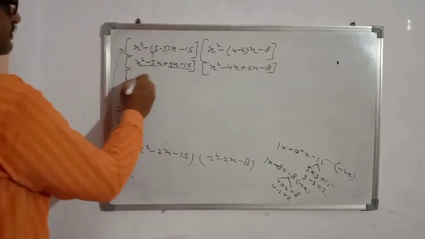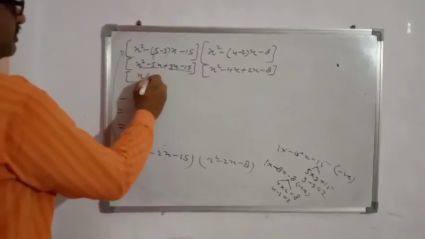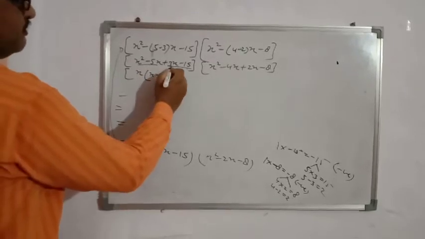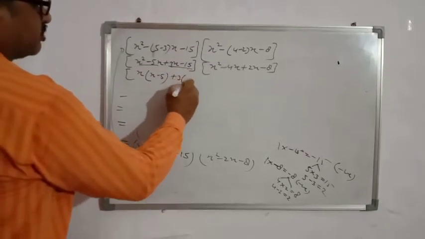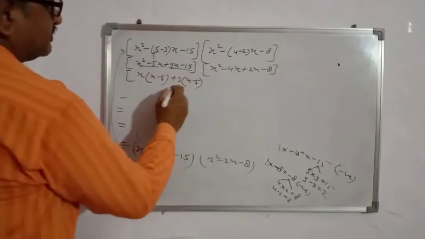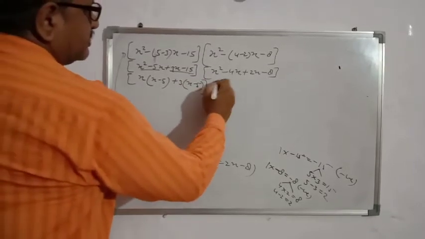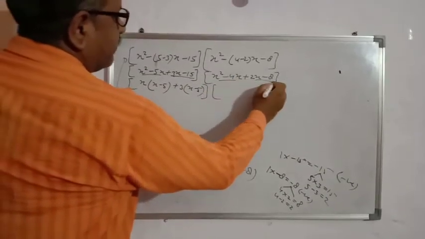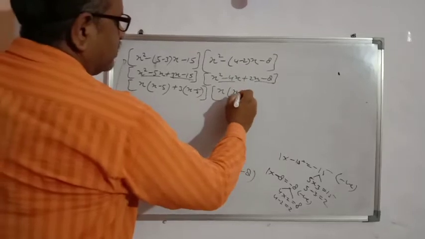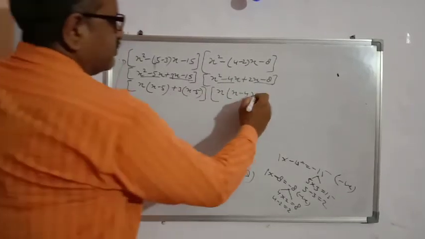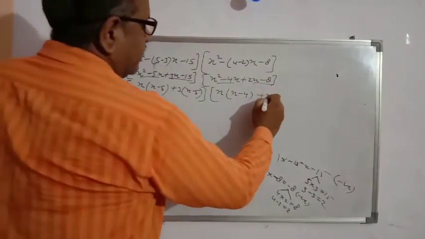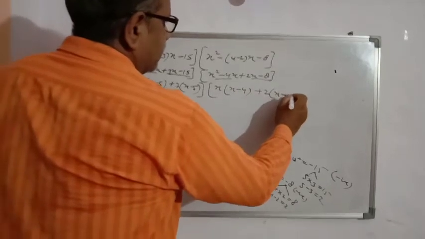What is common? In the first pair x is common, we will get x minus 5. In the next pair 3 is common, so x minus 5. Second bracket, make pairs, x is common, we can write x minus 4. In this pair 2 is common, so x minus 4.